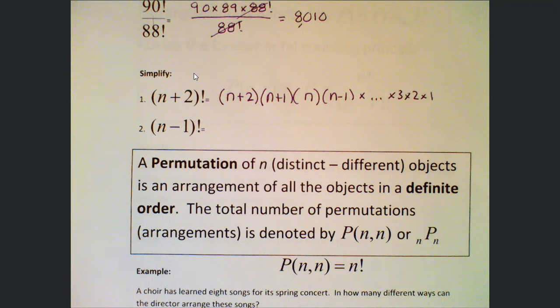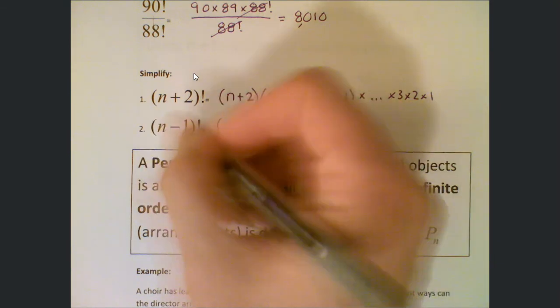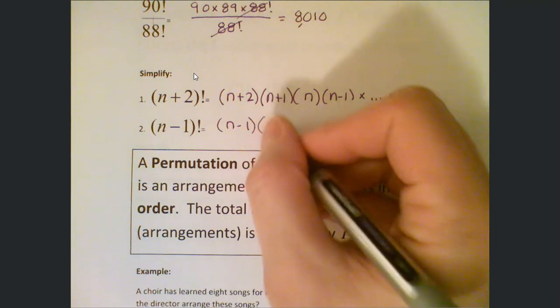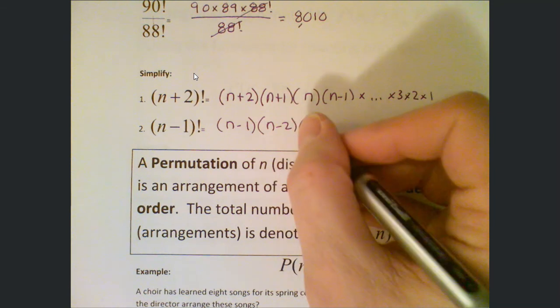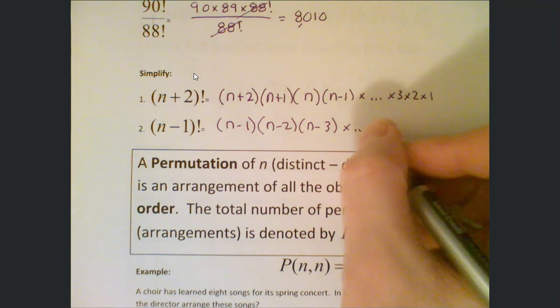Just drops continually by 1. What does n minus 1 factorial look like? Well, the first term is n minus 1. Then we drop it by 1. Drop by another 1. And this continues down.